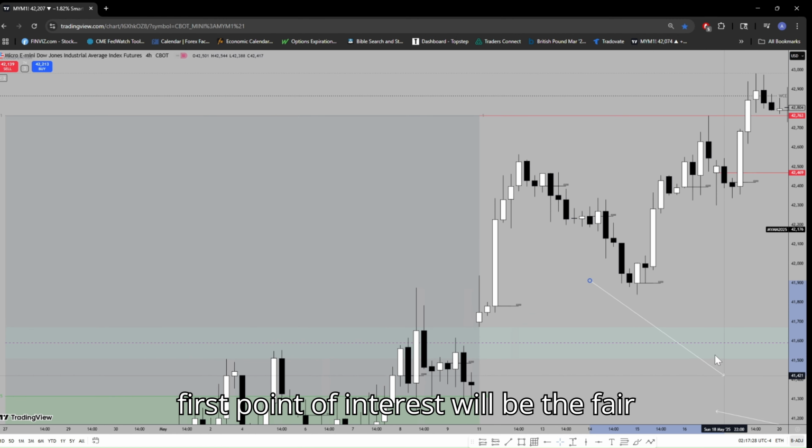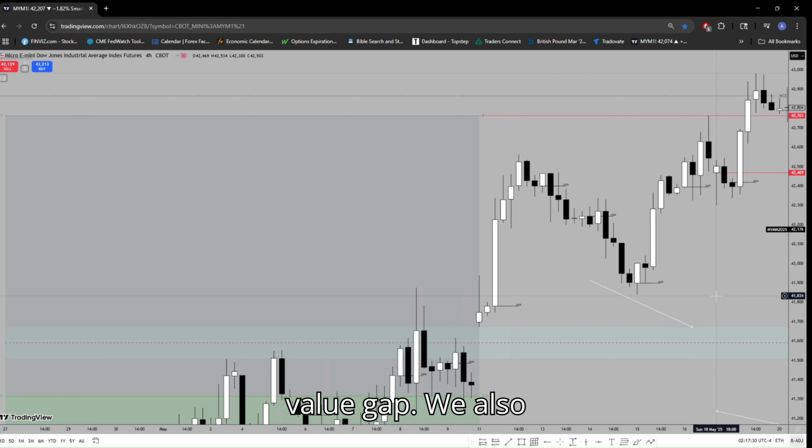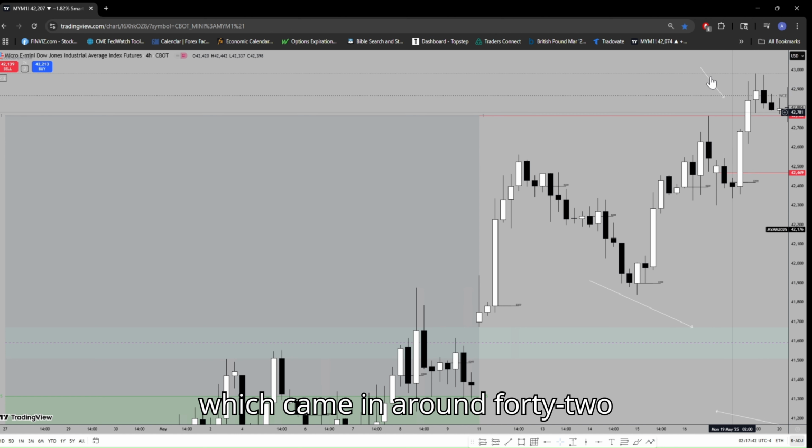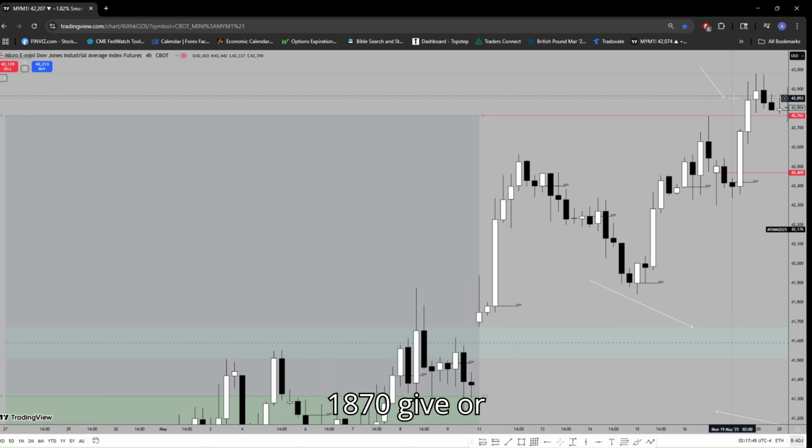Our first point of interest will be the fair value gap. We also had our buy side and our terminus, which came in around 42,870, give or take.